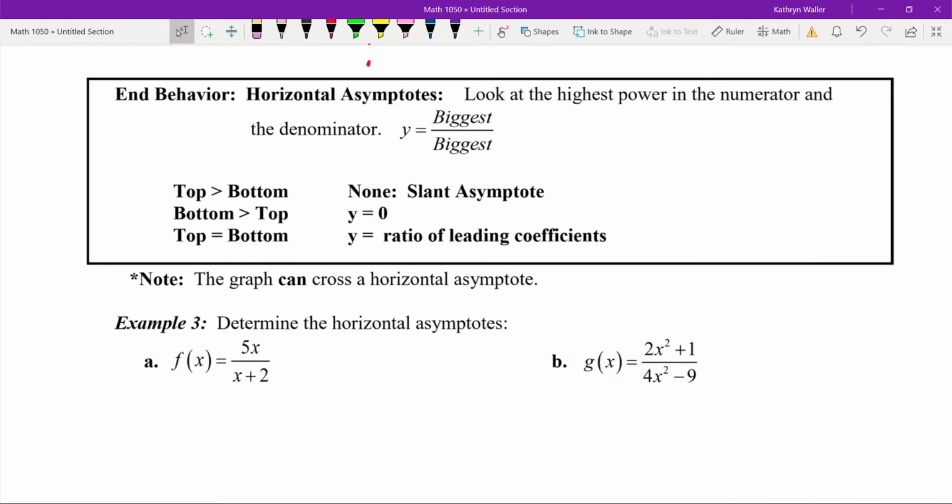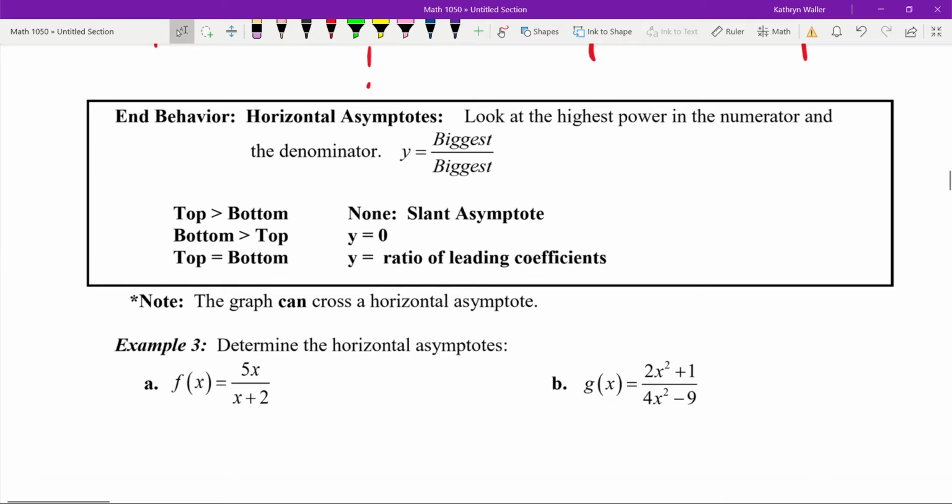Okay, now I need to change my notes. There's going to be a lot of me overwriting things because of how Weber has changed what they're doing. So up above this box, I want you to write non-vertical asymptote. That's what they're going to ask you. They're going to say, find the vertical asymptote, find the non-vertical asymptote.